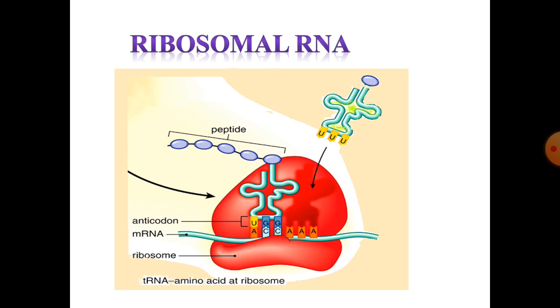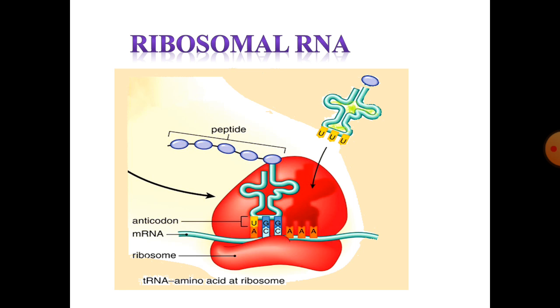Example, methionine here. If methionine is preceded by another amino acid, say isoleucine, those two amino acids are linked. Later, the peptide chain formed is released through another terminal. As you can see, the ribosome consists of a larger and a smaller subunit.